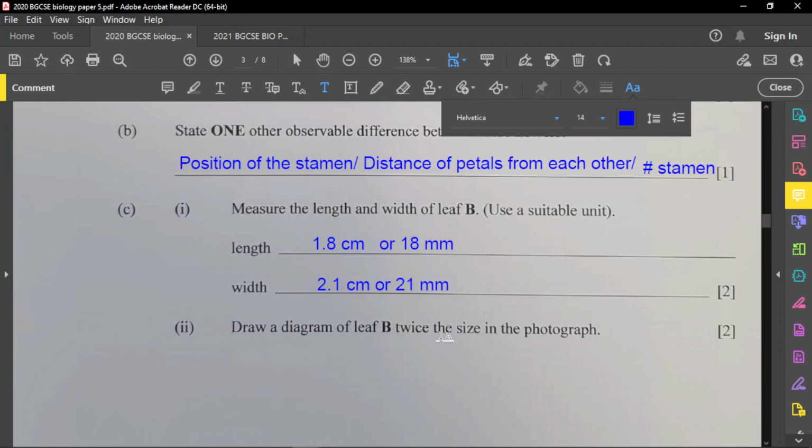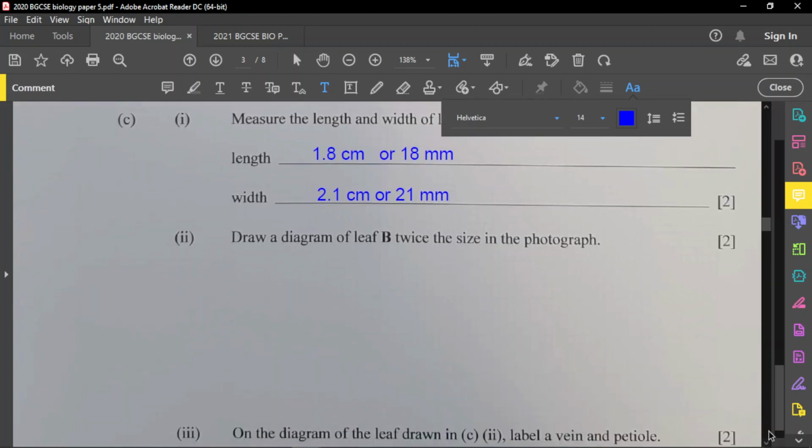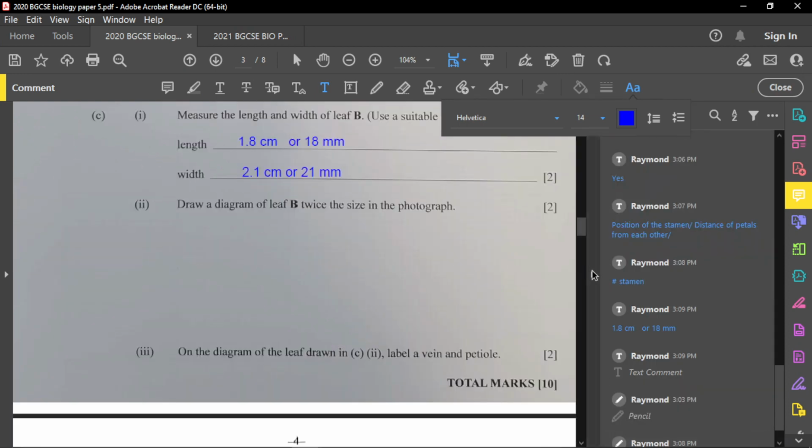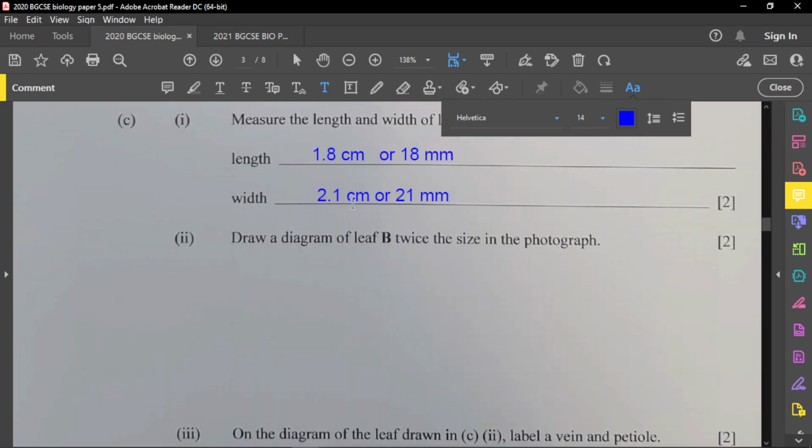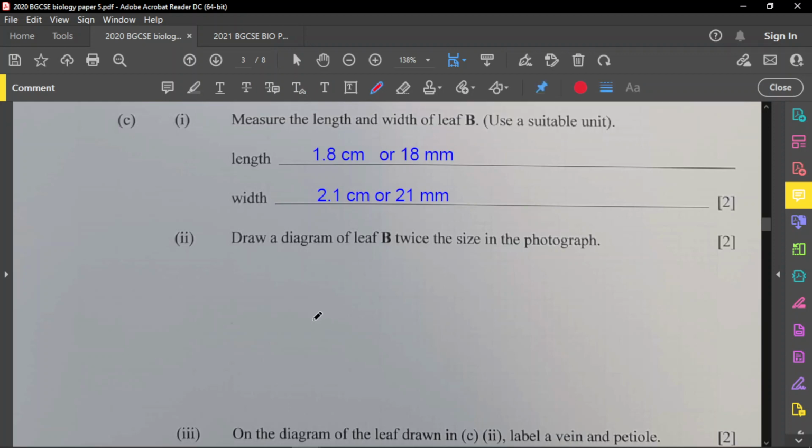So, draw a diagram of leaf B twice the size in the photograph. I want to point out something really quick now. Because this is a magnification, they actually test it on magnification. So let's talk about how you're going to do this to make this accurate. One, you take a ruler and you measure the width across like that, right?